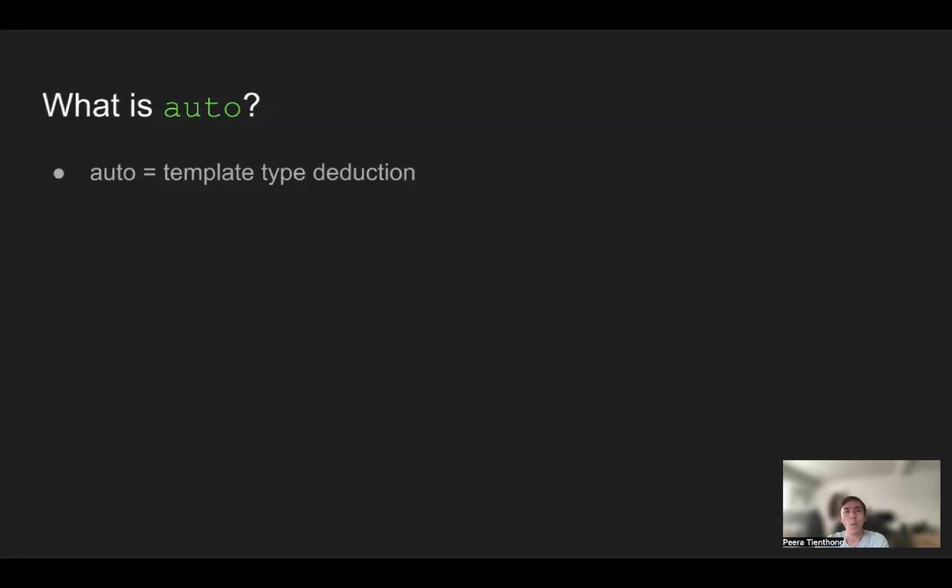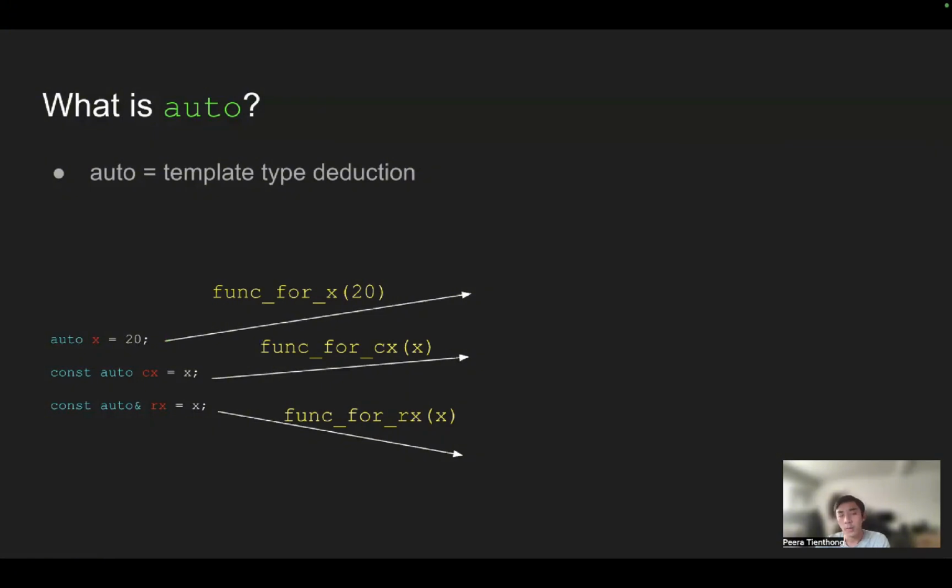If you're not familiar with what type deduction is, you can check this video. Given that we define these variables, as you can see here, we define x, cx with const, and rx with const reference. What C++ is going to do is convert this auto into a customized deduction function for each variable definition.